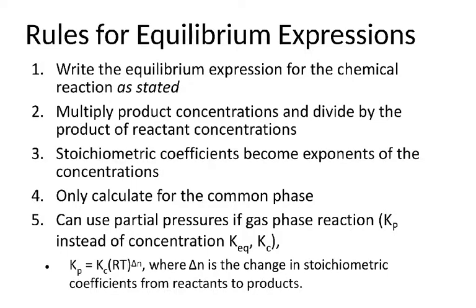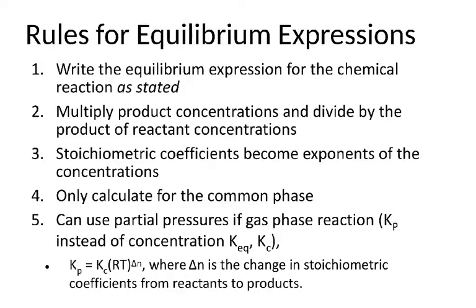Okay, we have some rules for writing equilibrium expressions that we're going to go through, and then we will practice with them. So the rules for writing equilibrium expressions. Rule number 1. Write the equilibrium expression for the chemical reaction as stated. That means do not, for some reason, flip around your products and reactants, because that's going to affect your equilibrium constant.